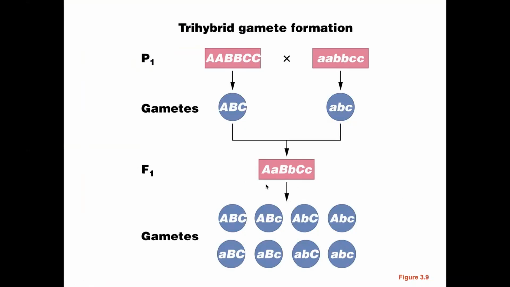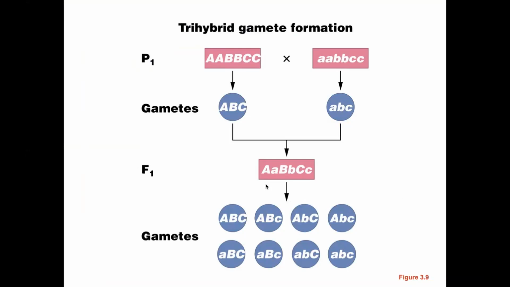If we were to continue the analysis into the F2 population, in other words, if we wanted to predict the outcome among the F2 progeny, both in terms of genotypic and phenotypic segregation ratios, how would we do that? Well, you would use the Punnett square, just like we did previously for the monohybrid and dihybrid crosses. In order to perform the Punnett square analysis, you have to determine the gametic types that an individual can produce.